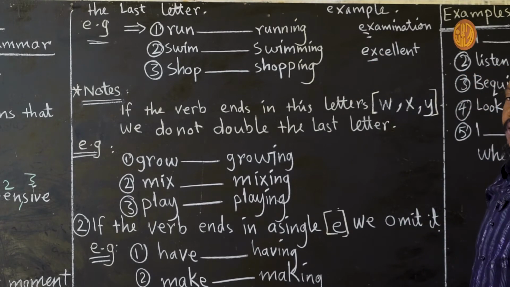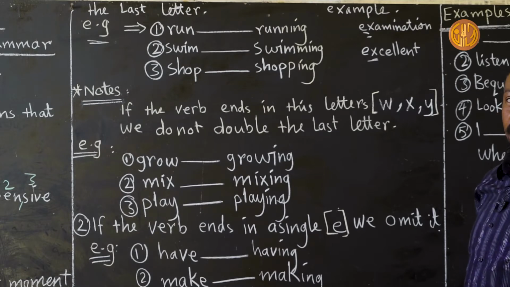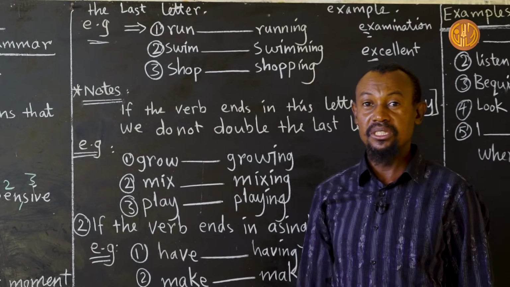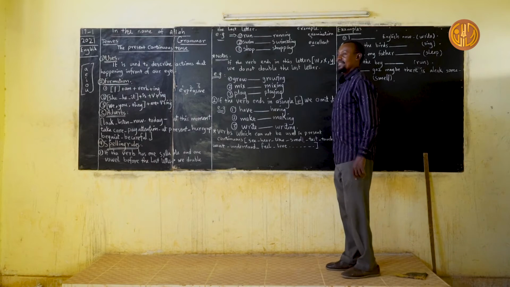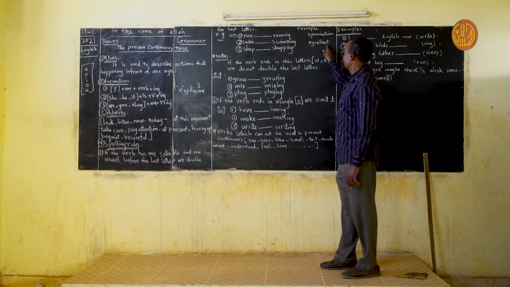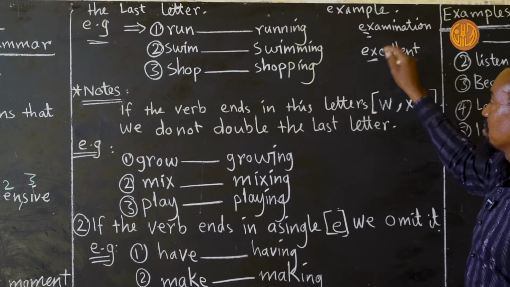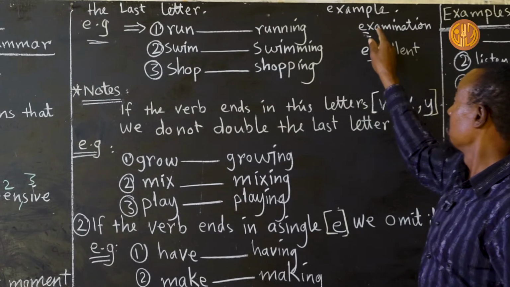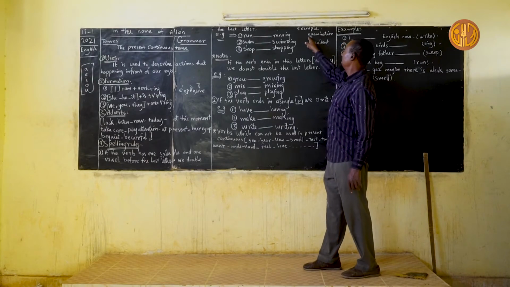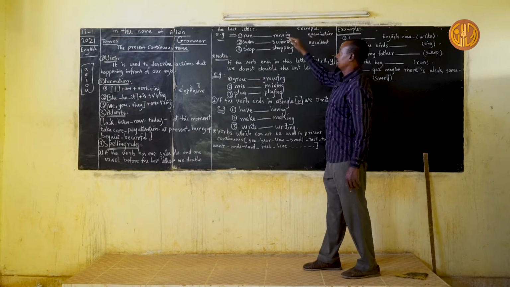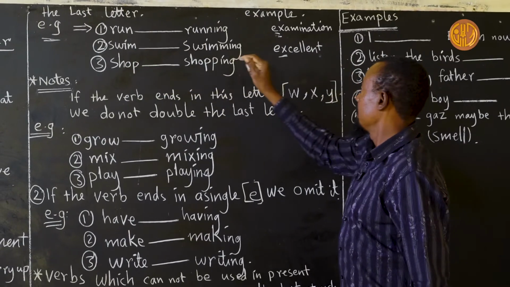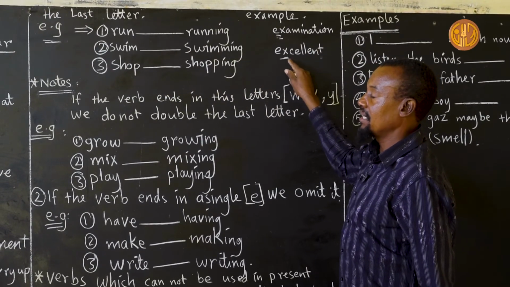Here you say EX, as you read excellent. You cannot say eg. So here, we must know when do we pronounce EX as eg, and when do we pronounce it as EX.